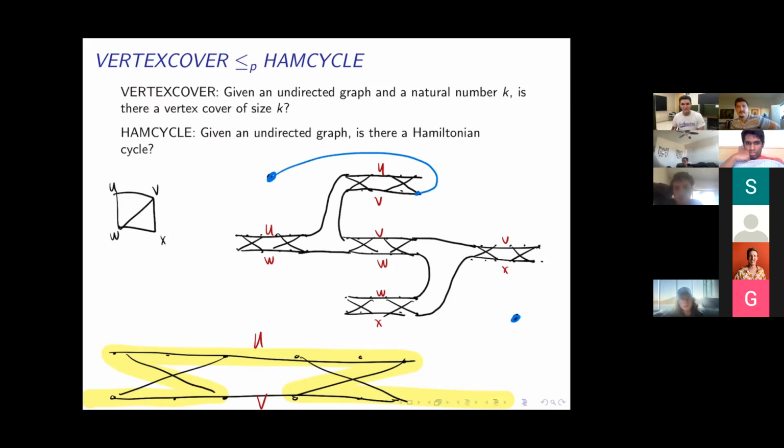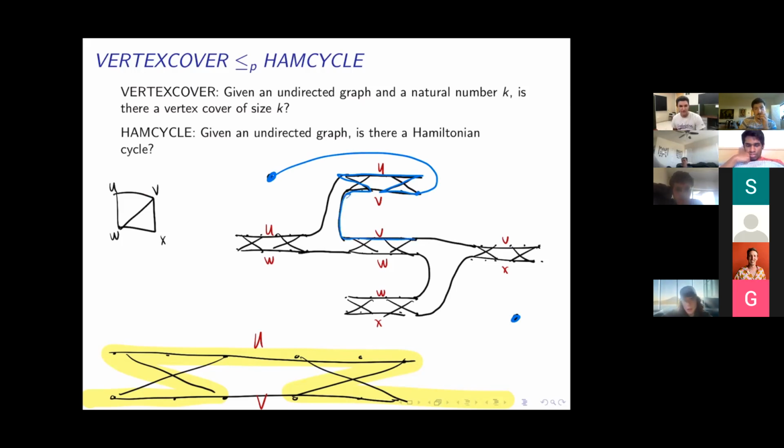I didn't draw them all because I didn't want to get bogged down, but there is this connection, so I'm going to take that connection. Now I'm going to traverse this edge gadget in this way, because V is in the vertex cover and U is not. So I need to cover all the U's. I'm going to keep going.